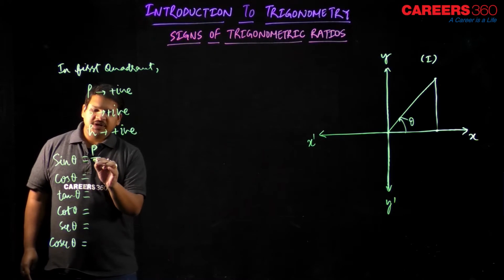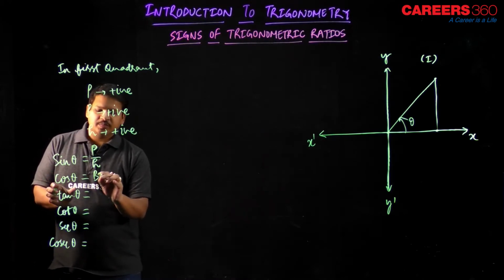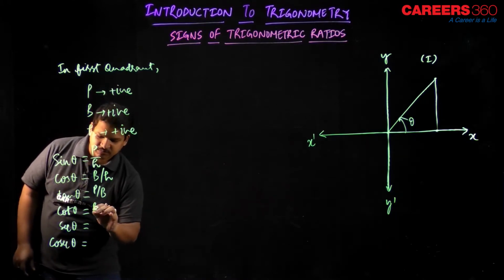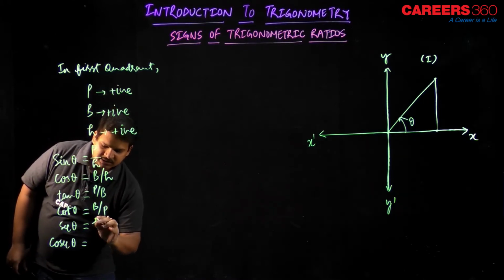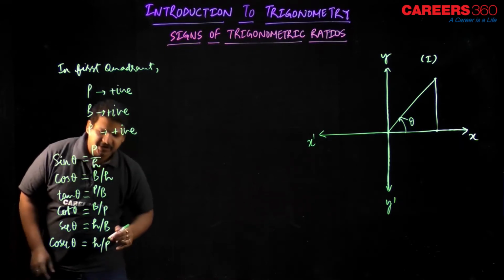Sin theta is perpendicular upon hypotenuse. Similarly, cos theta is base upon hypotenuse. This is perpendicular upon base, this is base upon perpendicular, this is hypotenuse upon base, and this is hypotenuse upon perpendicular.